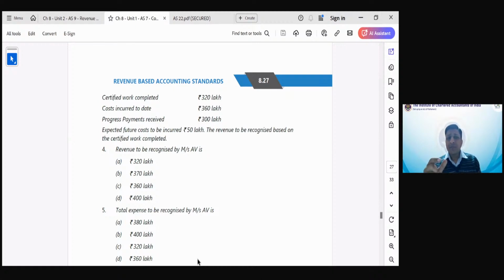Because the cost incurred till date happens to be 360 lakhs. In this question, while computing percentage completion, you consider the cost which is certified and not the cost which is actually incurred. Otherwise, for recognition in the books, you will go with the cost actually incurred. So there's a slight disconnect in this question to that extent.